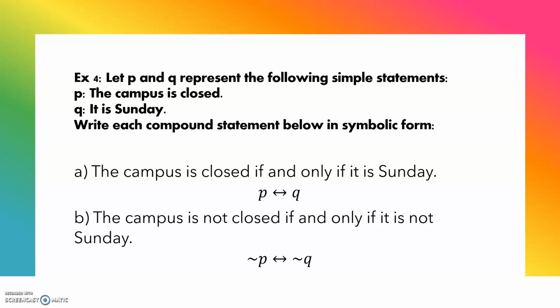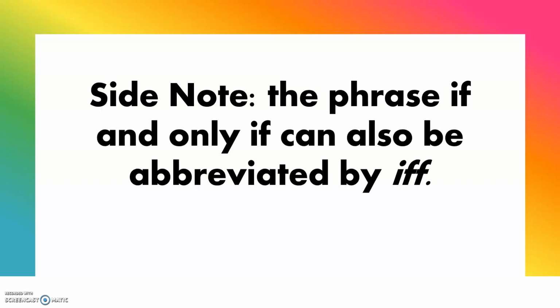Now, a side note is the phrase if and only if can also be abbreviated as IFF. So if you ever see IFF, that also means if and only if. So that's an abbreviation for if and only if, okay?